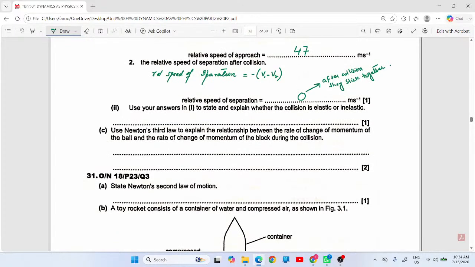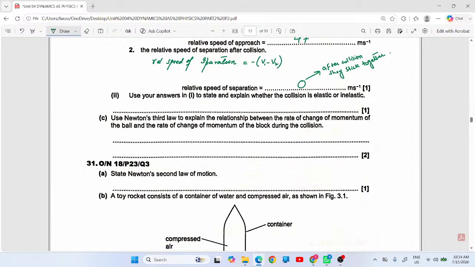It is inelastic, because the relative speed of approach, 47, is not equal to the relative speed of separation, which is 0. So we write inelastic, because the relative speed of approach is not equal to the relative speed of separation.